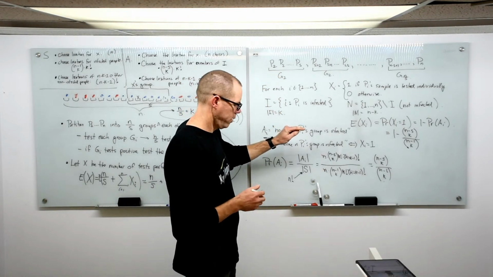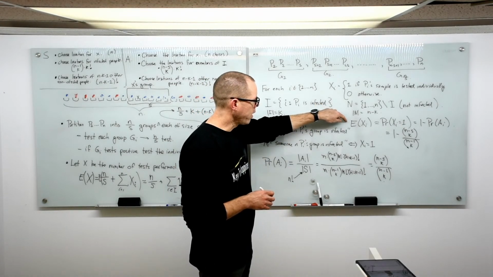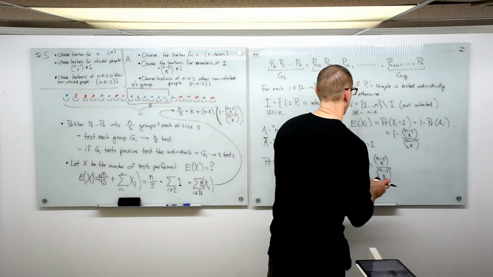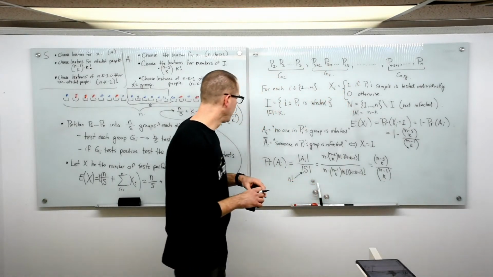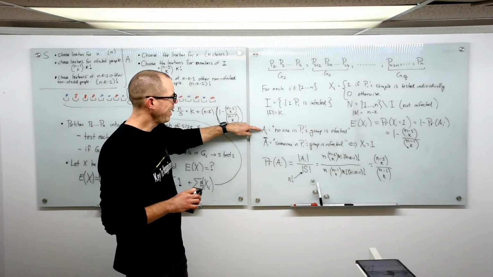So let's go back here and let's just remember this thing. In particular, let's remember this probability of A_i.